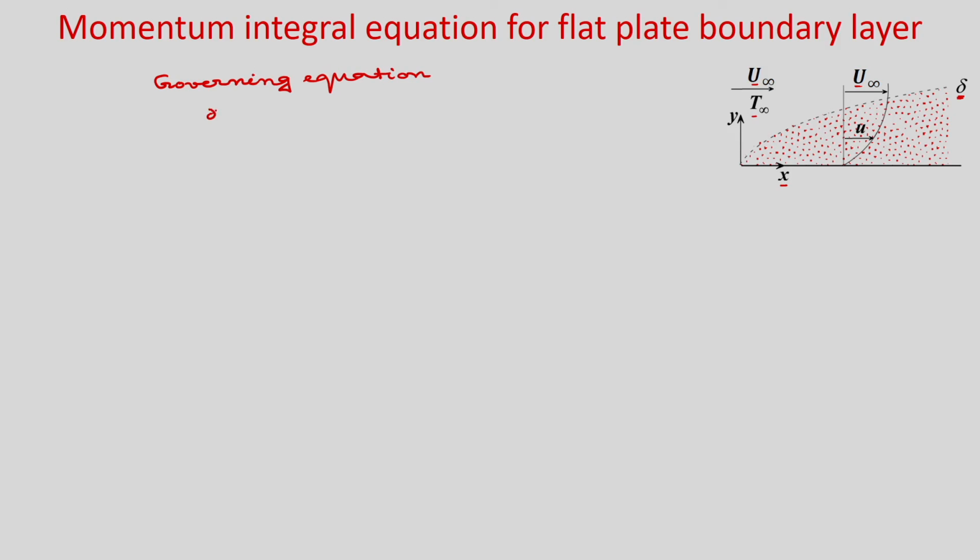First is the continuity equation, that is del u by del x plus del v by del y is equal to 0. So, obviously we are considering a two dimensional case.